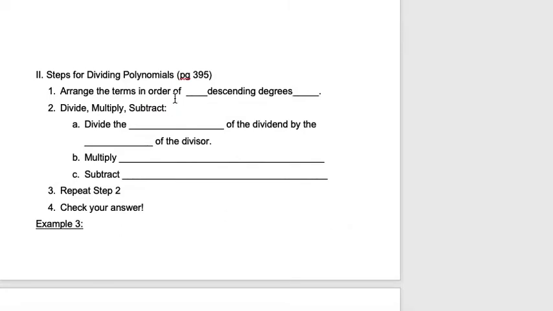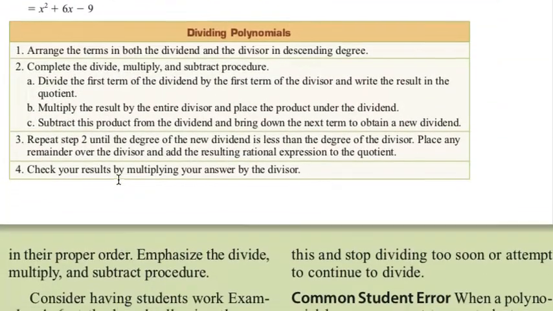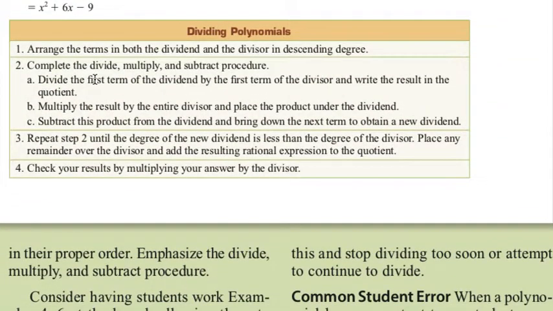Then our next step has 3 steps in itself: divide, multiply, subtract. Let's take a look at this again. Divide the first term of the dividend by the first term of the divisor and write the result in the quotient.